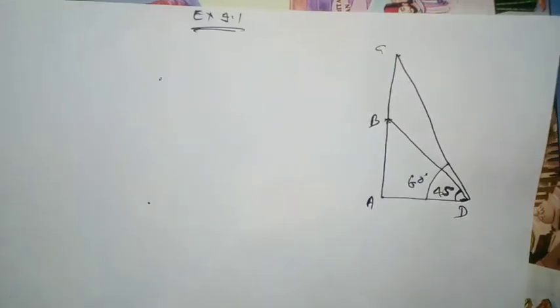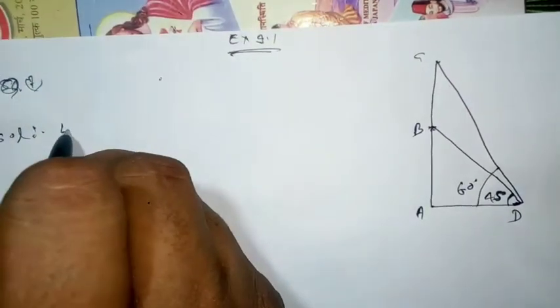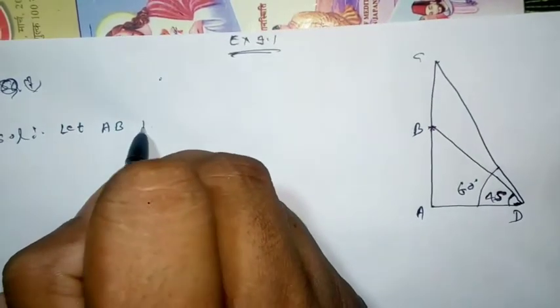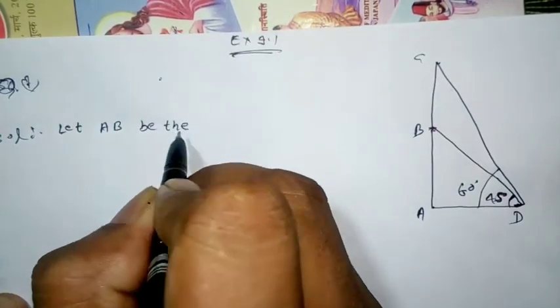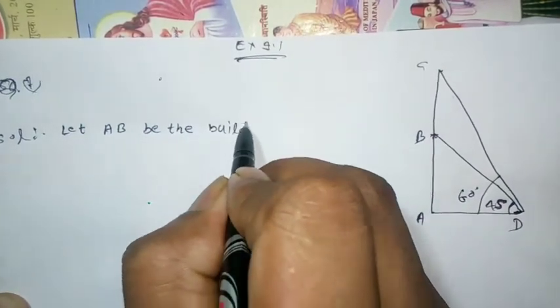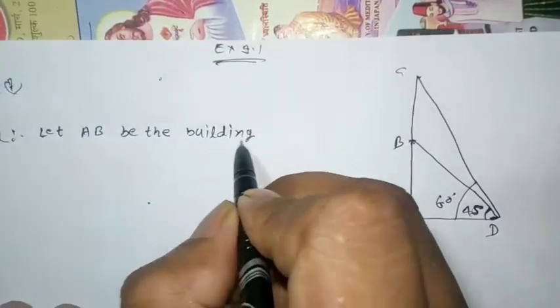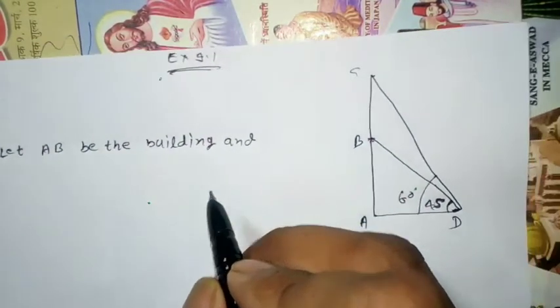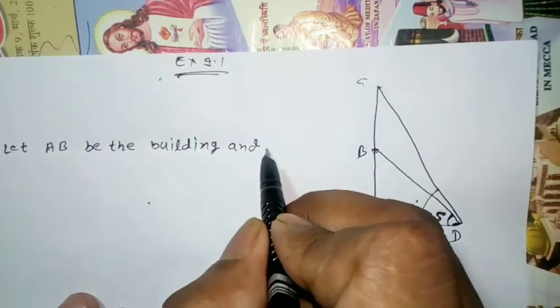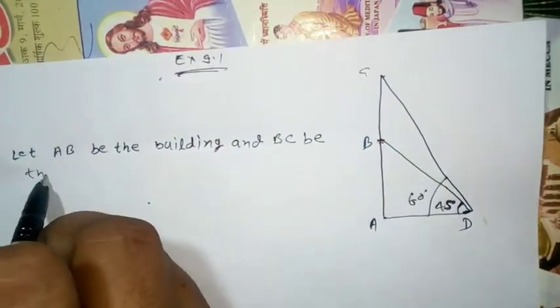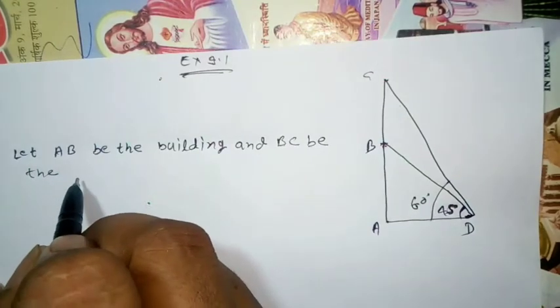Now we have to write, let AB be the building and BC be the transmission tower.